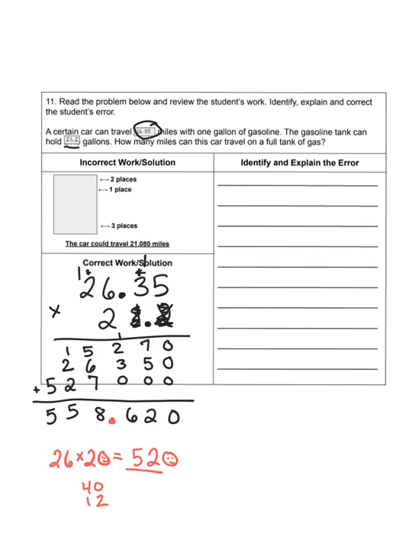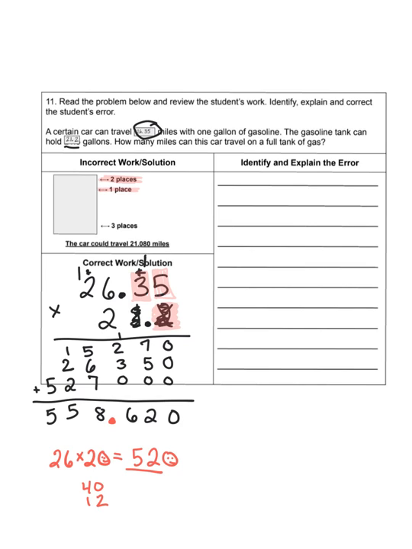And I'm going to confirm that by counting the digits to the right of my decimal point in my original problem. So I have 1 digit here, 2 digits here. So there are 2 place value positions to the right of my decimal point in my first factor. Looking at my second factor, I see 1 digit to the right of my decimal point.